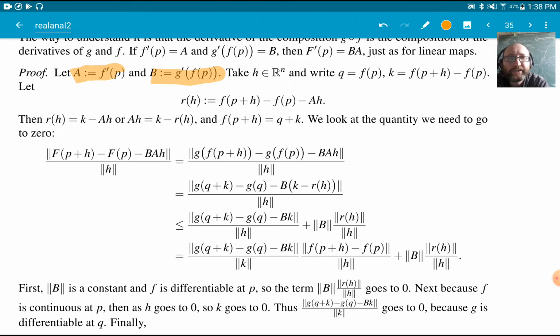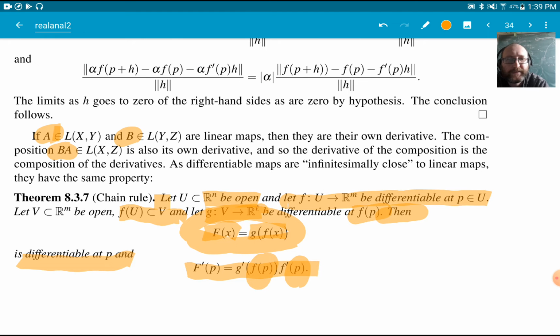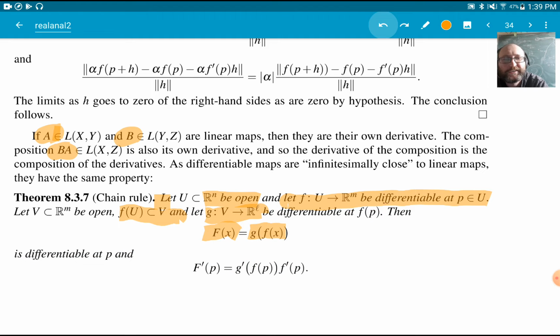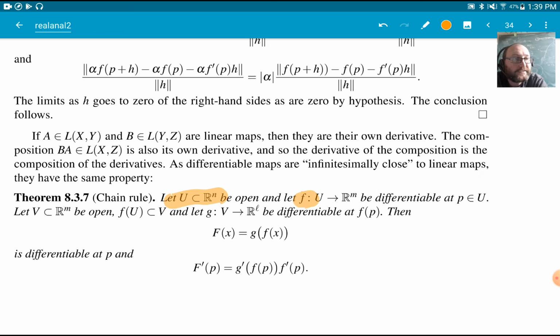Now, there are sort of two things that move. Well, really one thing, and the other will move with it. But h is a small move in R^n. And remember, R^n is where f is defined, and it goes into R^m.